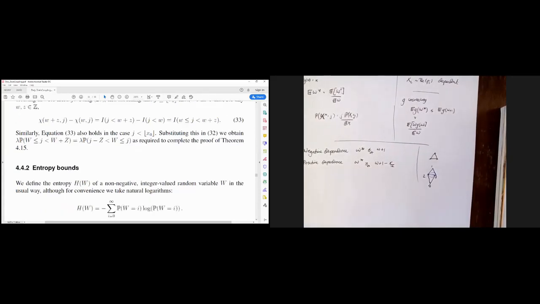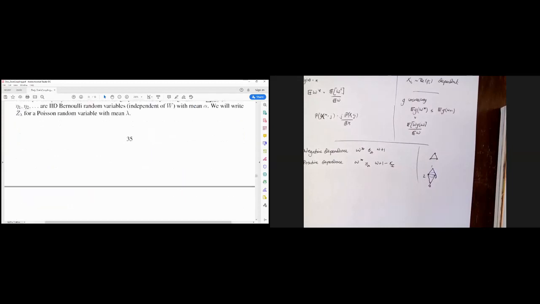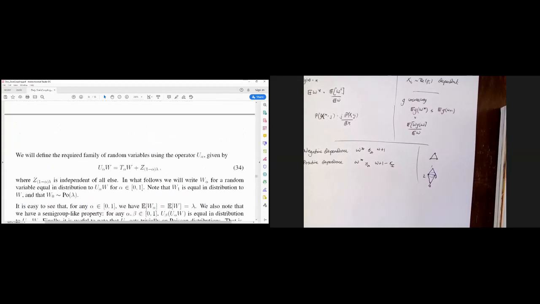I just want to illustrate, from my point of view, a case where these monotonicity conditions can help as well. Another setting where they help is in getting entropy bounds. Actually, it follows as a corollary of something else.